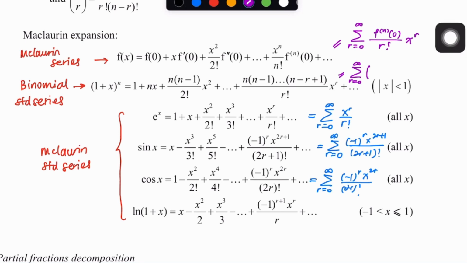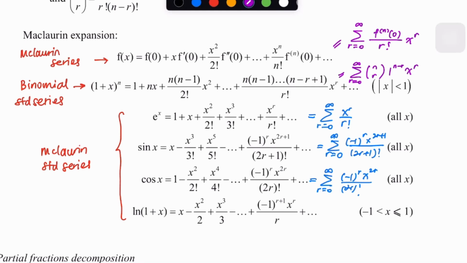This one would be n choose r of a to the power of n minus r, and then x to the power of r, something like that. We learned this, but I'm just trying to show you that I've already used the sigma notation with you previously.